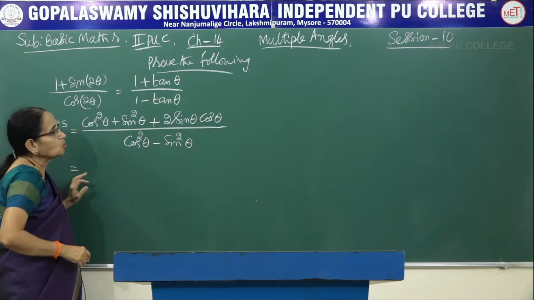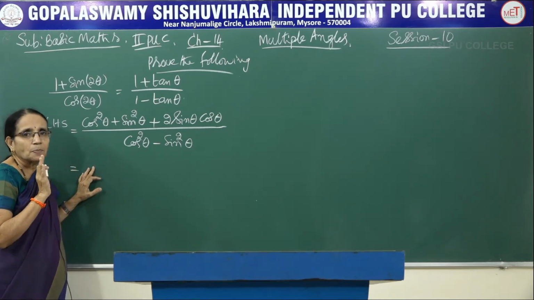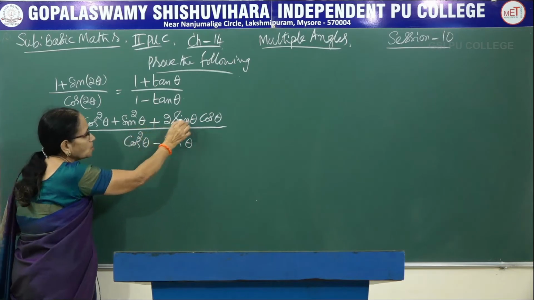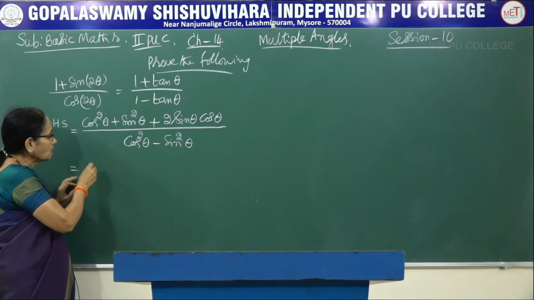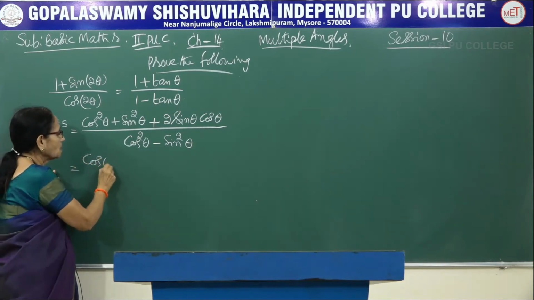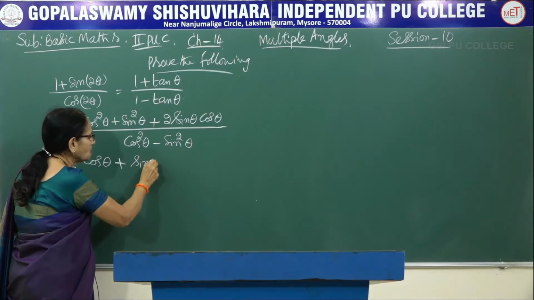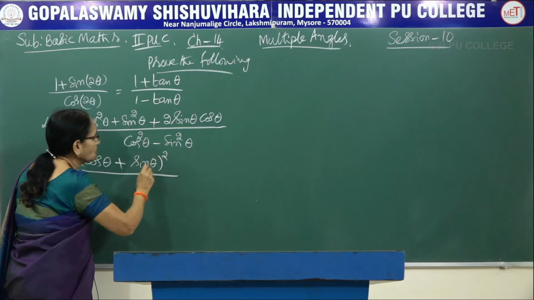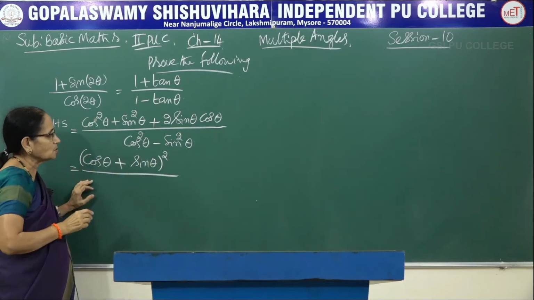Now look at the numerator. It resembles the algebraic formula a plus b the whole square, a square plus b square plus 2 into a into b, isn't it? So I can write it as a plus b whole square. What is a? a means cos theta, b means sin theta, the whole square. Now come to the denominator, cos square theta minus sin square theta.